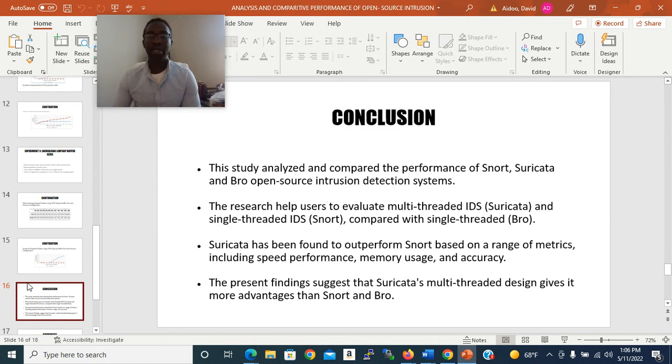It's also paramount to understand that choosing the right IDS for your network will help in your fight against malicious attacks on your network. My study helps users see for themselves the features and performance levels of these commonly used IDSs that I've addressed. By going through this information, they can make their own informed decision of the one that will be best for what they do.